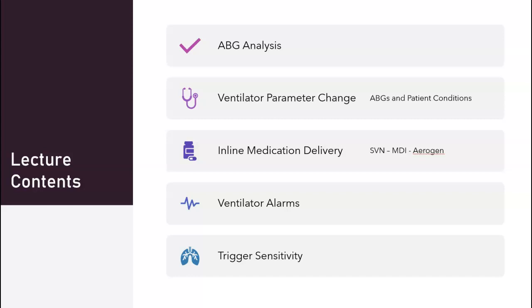So if your patient is presenting a certain way and you're wondering what to do, what ventilator and parameter changes you would make. How to deliver different medications in the line invasively on a ventilator. And we'll also review it a little bit with non-invasive as well. We'll just briefly touch on that. Ventilator alarms and then trigger sensitivity. These are what we will review in this specific lecture.